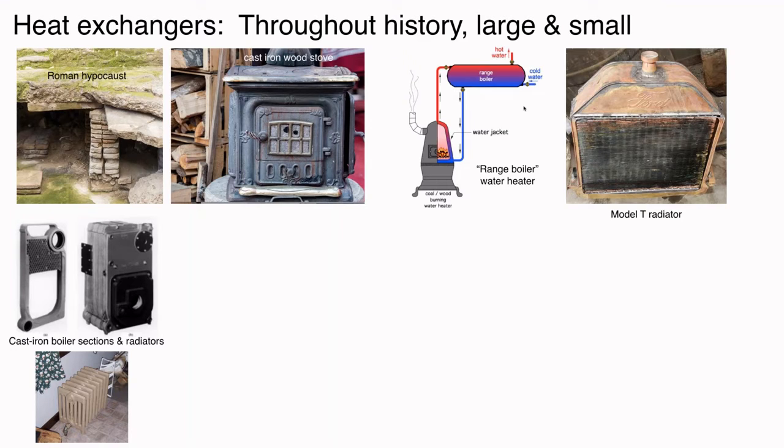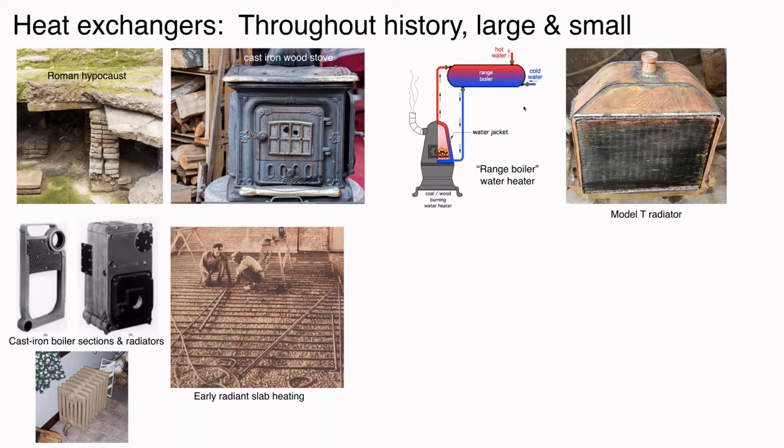Cast iron boiler technology, a cast iron section. These have been around for decades. They're still being used. This is basically a heat exchanger between flue gases, whether from an oil burner or a gas burner, and water that would be inside of those. And certainly a cast iron radiator is an example of a heat exchanger.